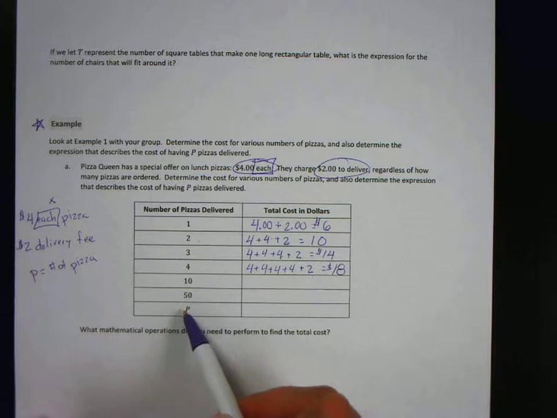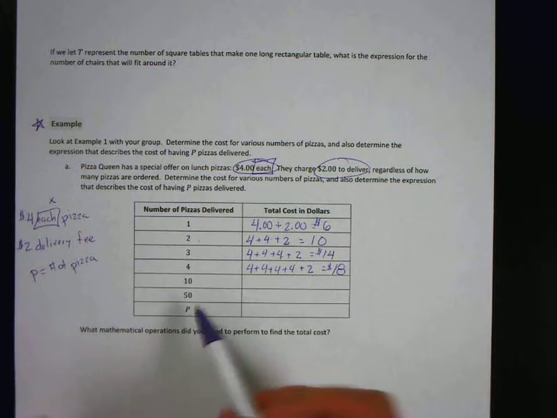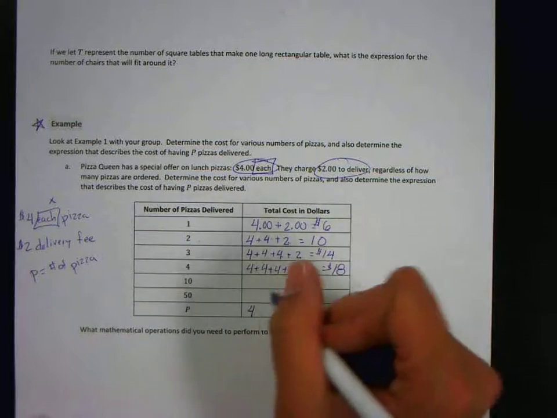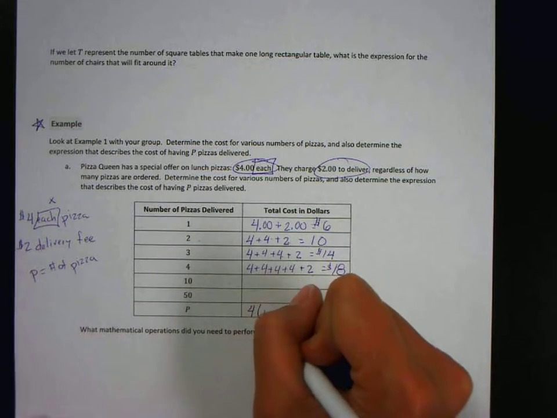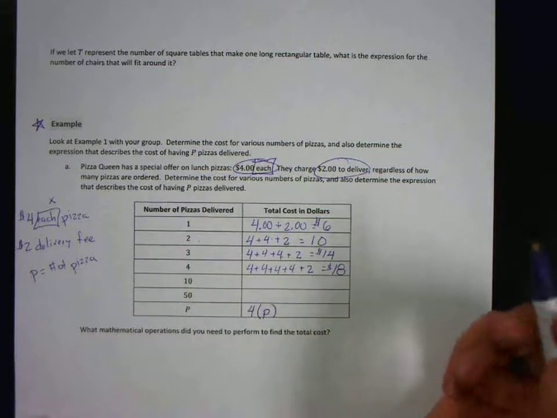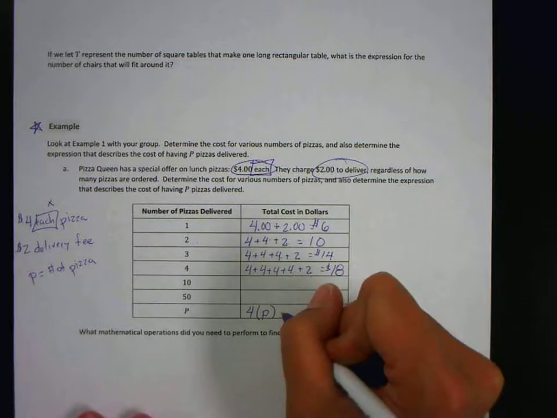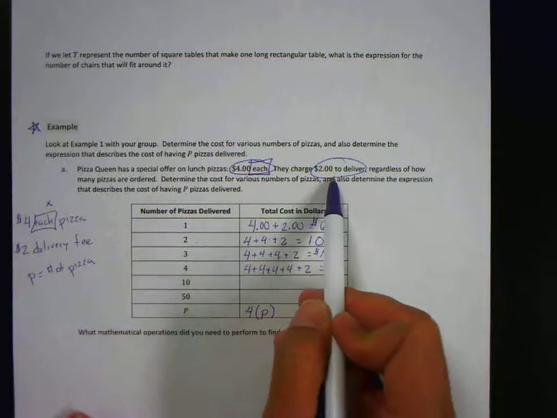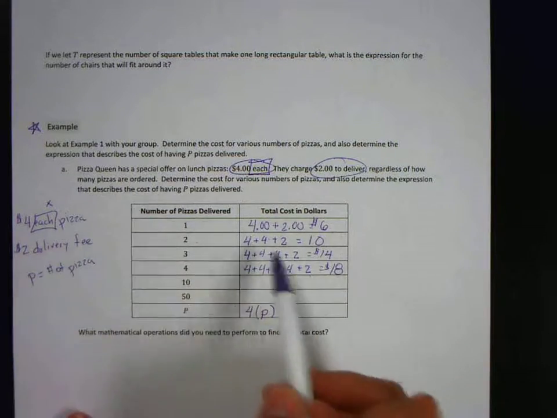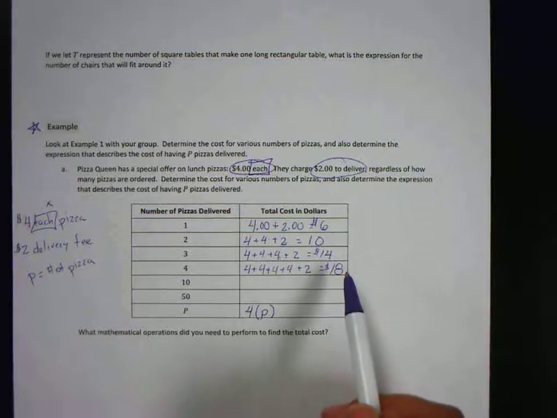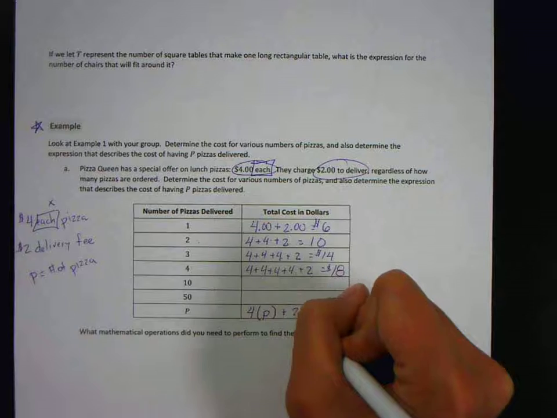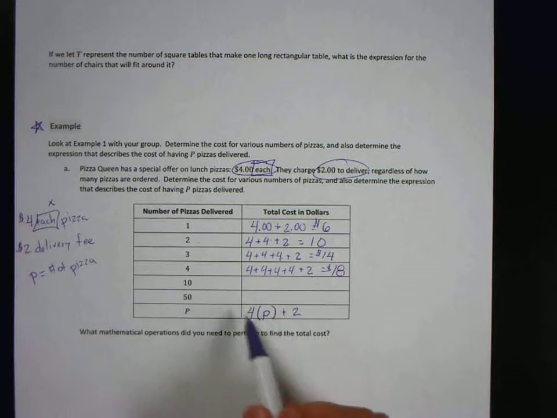So if I had to use a variable for the number of pizzas, I could take 4, which is how much each pizza is, multiply it times the number of pizzas, P, no matter the amount of pizza. Now my delivery fee, that's a flat fee. It says it's $2 regardless of how many pizzas you order. So notice we only added 2 one time because that's just a flat delivery fee. So we just want to add that $2 delivery fee, and that's going to be our total.